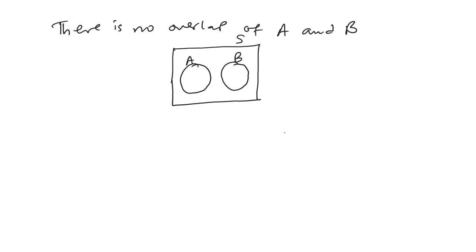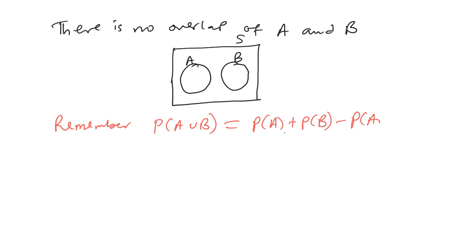And there is something we learned last time about the probability rule for combined events. Let me remind you. Remember, the probability of A union B was equal to the probability of A plus the probability of B minus the probability of the intersection.